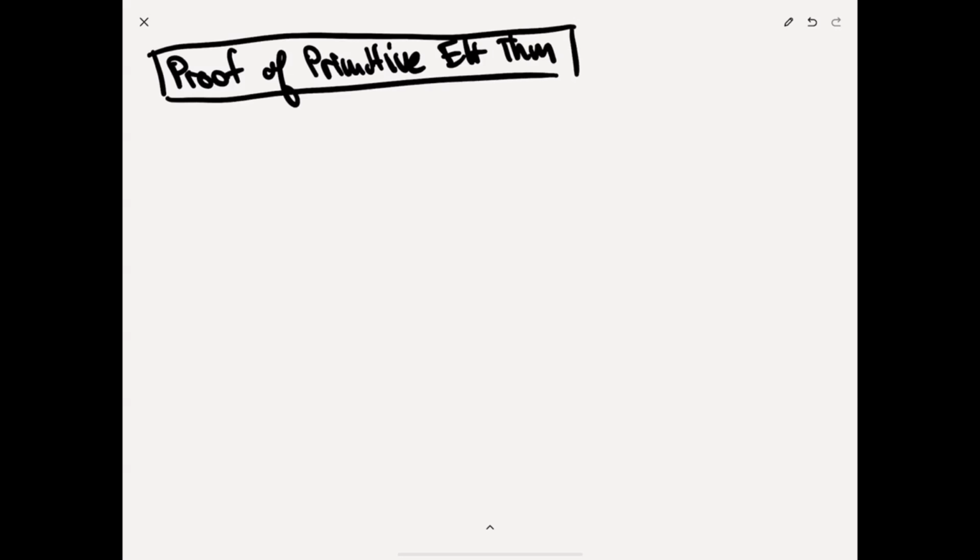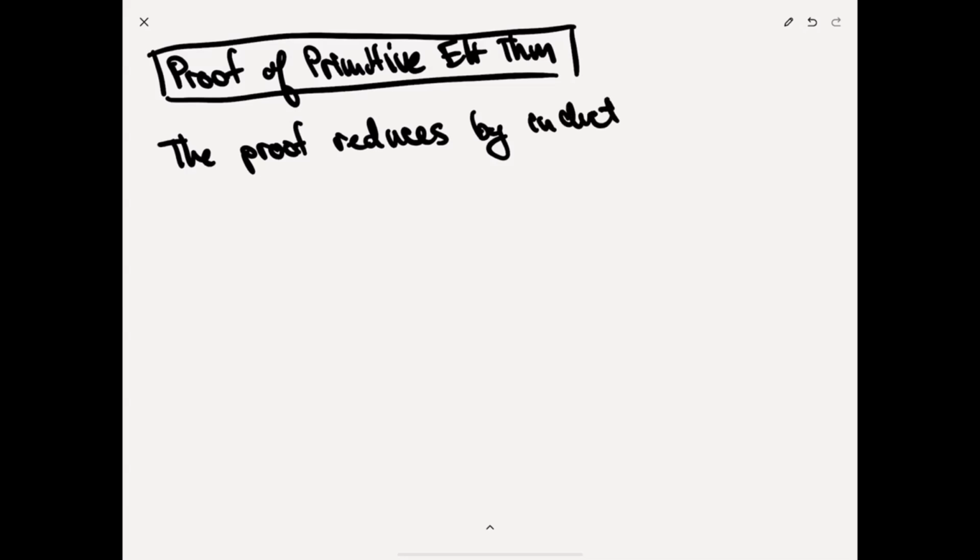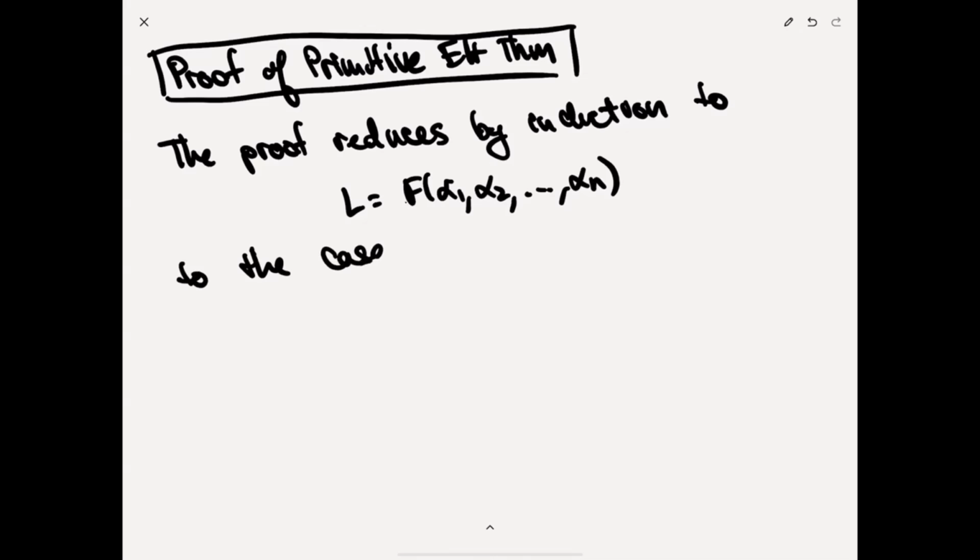Okay, so the proof, as I said before, reduces by induction, when we had L, which was F adjoins some variables alpha 1 through alpha n, to the case n is equal to 2.